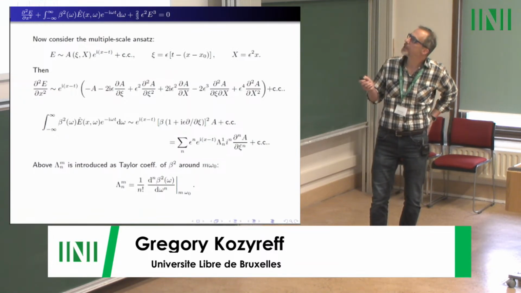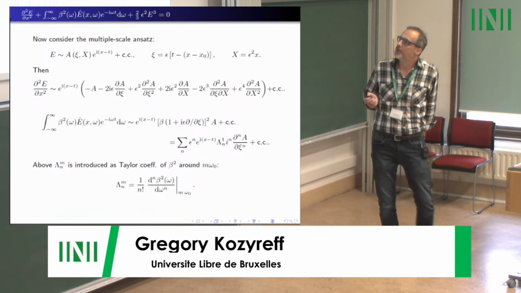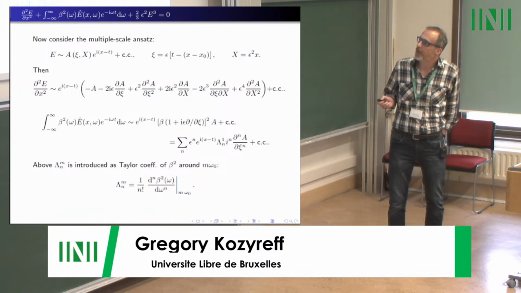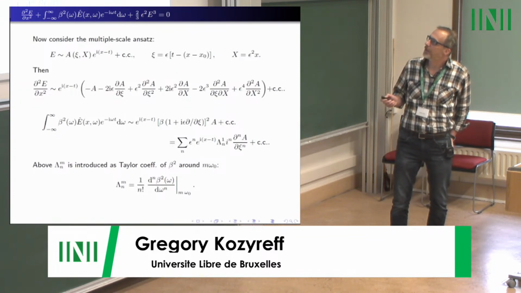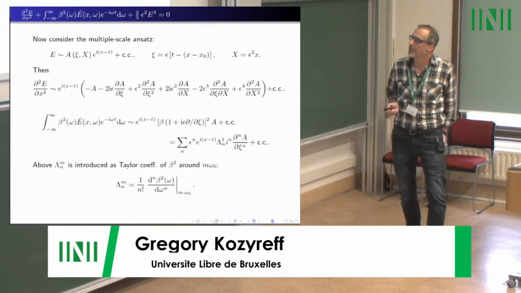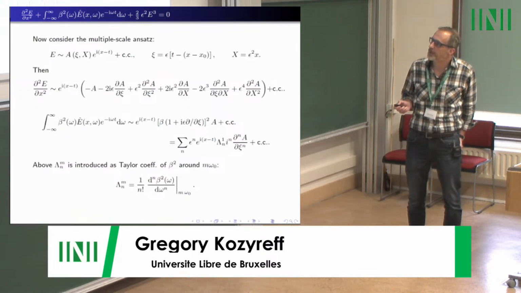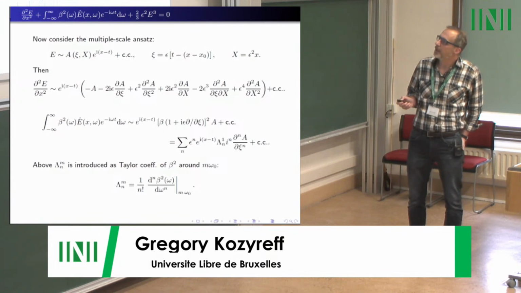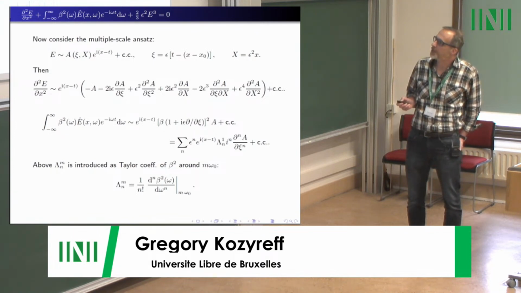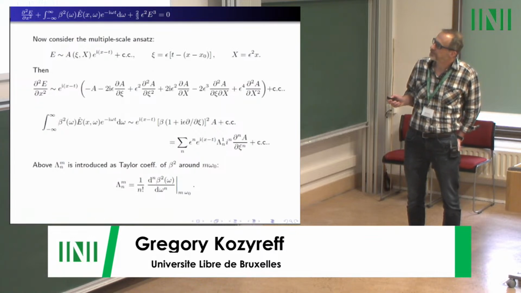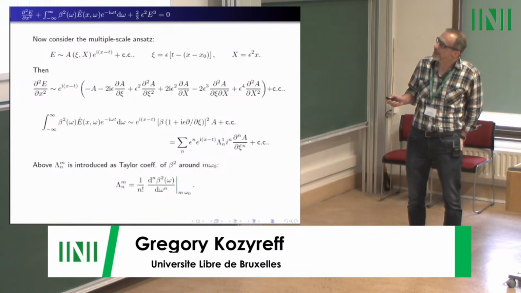So if you assume these scales, which are typical, and you differentiate twice your field with respect to X, for this term here you get a range of terms of ascending powers in epsilon and involving various derivatives of xi and capital X. And if you look now at the dispersive term, then because the amplitude is slowly varying, the derivative with respect to time yields this term here.